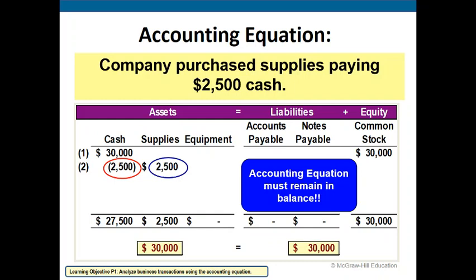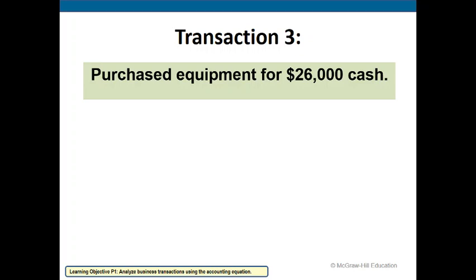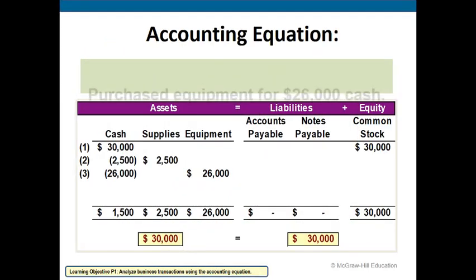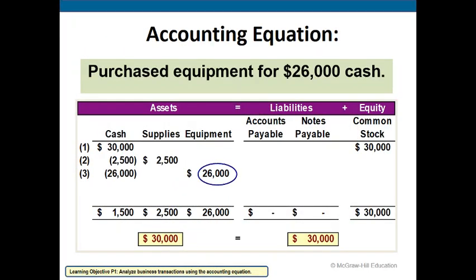We simply exchange one asset, cash, for another, supplies. Transaction 3, we purchase equipment for $26,000 cash. Same deal. Cash goes down $26,000. Equipment asset account goes up $26,000. Again, the bottom line numbers concerning assets and liabilities plus equity, $30,000 on both sides, remains the same.